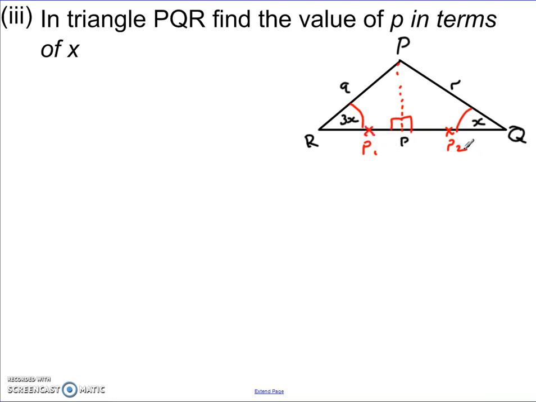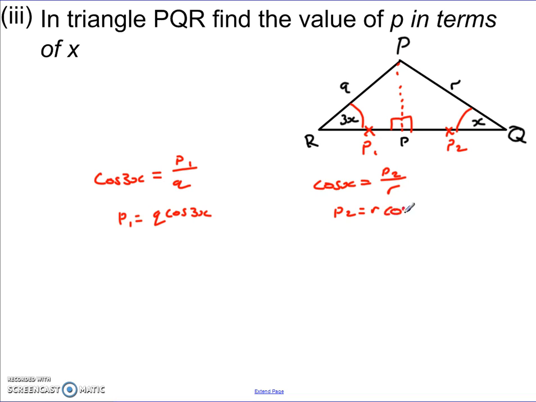So if I do each of these parts on their own, I can then plug it all together. If I look at the first little triangle, this one here, I know that cos 3x equals adjacent over hypotenuse equals P1 over Q. And the second one over here tells me that cos x is equal to P2 over, this time the hypotenuse for that triangle is R. Now I can rearrange both of these and say that P1 equals Q times cos 3x and P2 equals R times cos x.